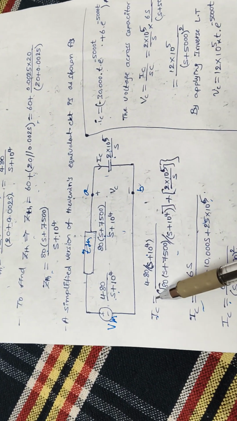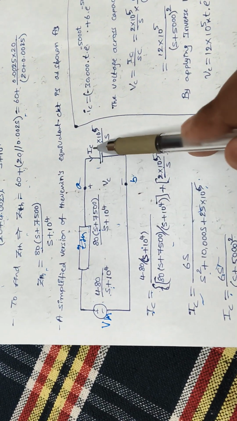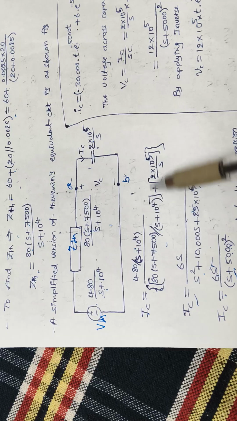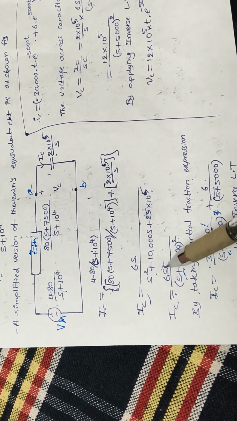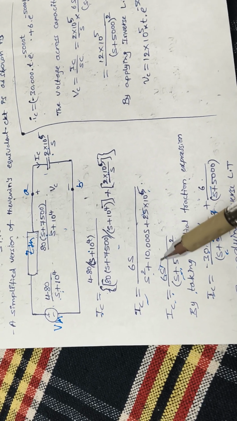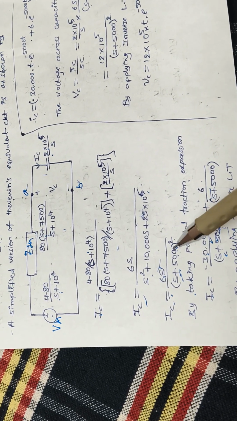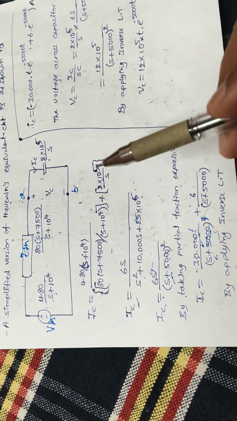Now find the capacitance current IC, which is VTH by ZTH plus ZL, as I am assuming it, and simplify it. If you simplify it, you will get IC as 6S by S plus 5000 square. I don't have a direct inverse Laplace transform for this one, so I'll use partial fractions and divide it into two terms.